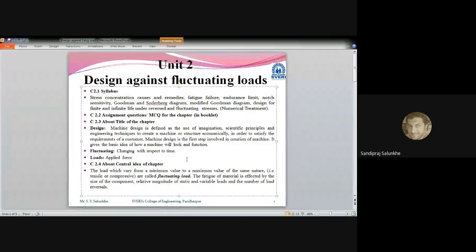And as we are mechanical engineers dealing with forces, if these forces change with respect to time, we put them in the dynamic category. Whereas if the forces are not changing with respect to time, then we put them into the static category.